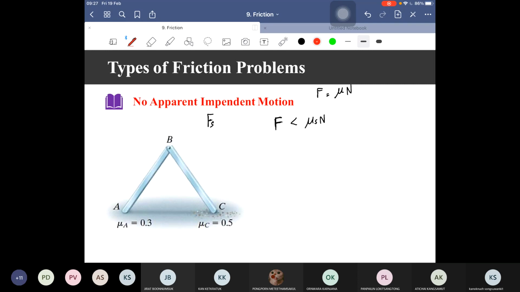For this object, you can divide it into two parts, AB and BC, so we have two free body diagrams.